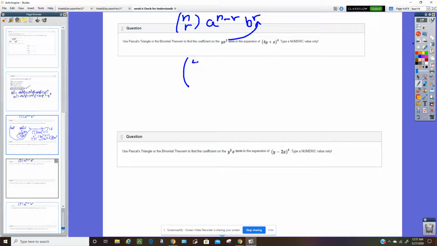So 4 choose 3. And then times my a value is 4y, and that's going to be to the first, and then my x to the third.